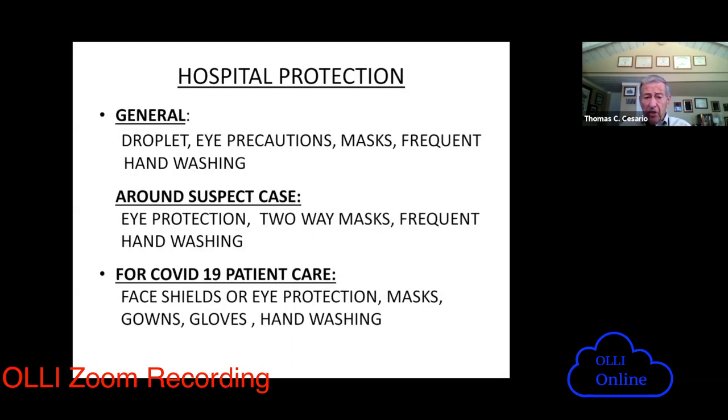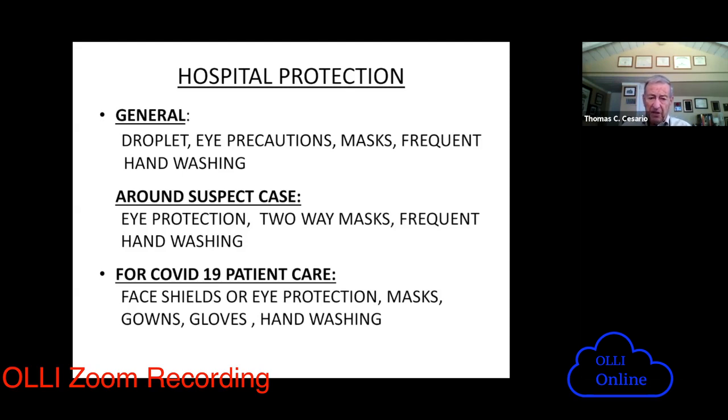In the hospital, we use these same techniques to prevent healthcare workers from getting infected. And even though we do this, people are infected. Usually, it appears that most healthcare workers infected actually are infected in the community. So we screen everybody who comes to work in the hospital to send them home if there are any signs of infection. But we do the same thing we've talked about.